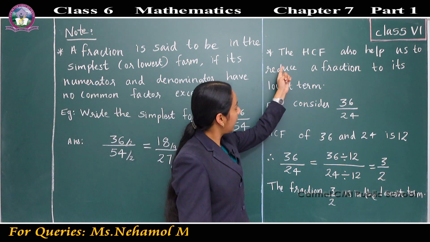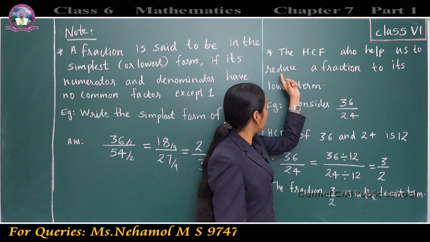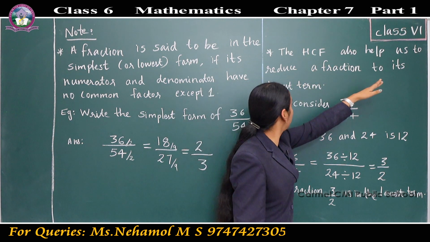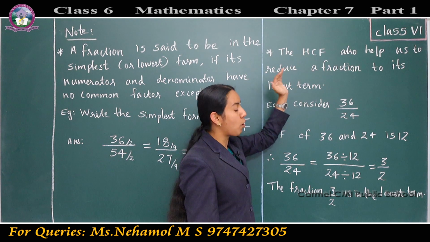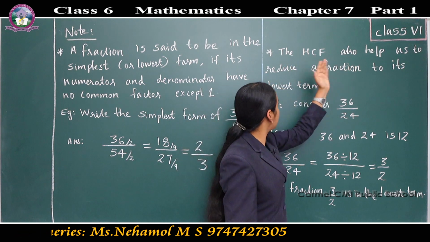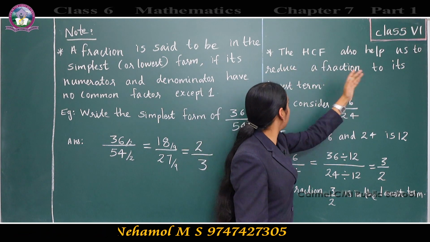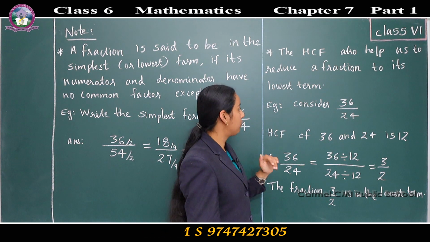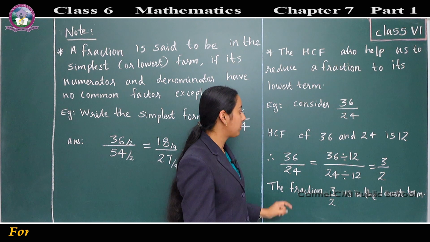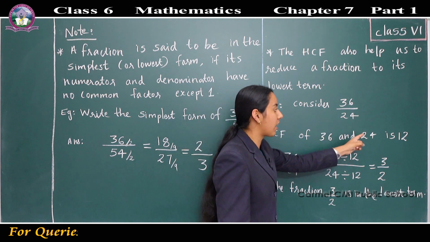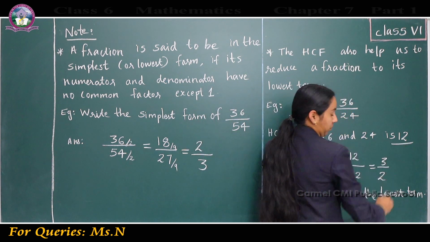Next point, the HCF, highest common factor, also helps us to reduce a fraction to its lowest term. For example, consider the number 36 by 24. HCF of 36 and 24 is 12.